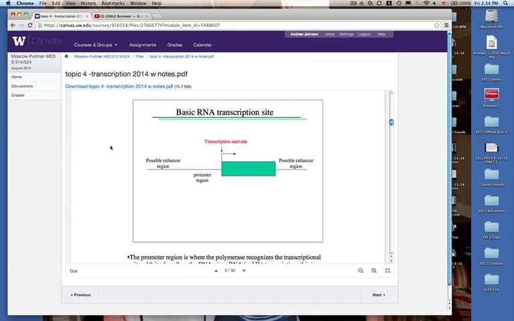There's always a place where the polymerase, be it Pol 1, 2, or 3, sits down and starts transcribing, starts making a string of RNA. That's called the start site. It's never going to vary. That is what it's called, the transcription start site.